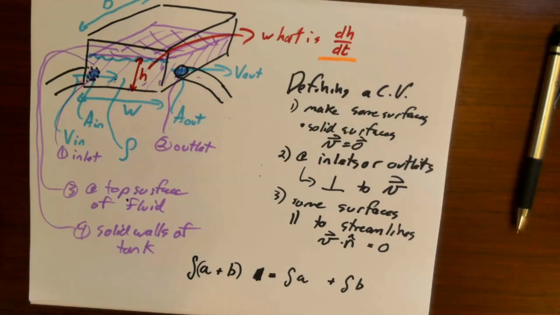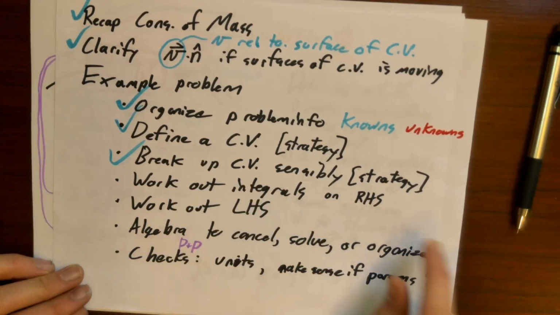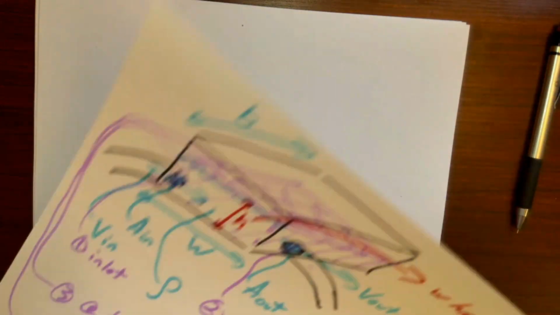All right, so what's it time to do? It's time to start working out these integrals on the right-hand side. So let's do it. Let's plop down conservation of mass, and let's start working things out.